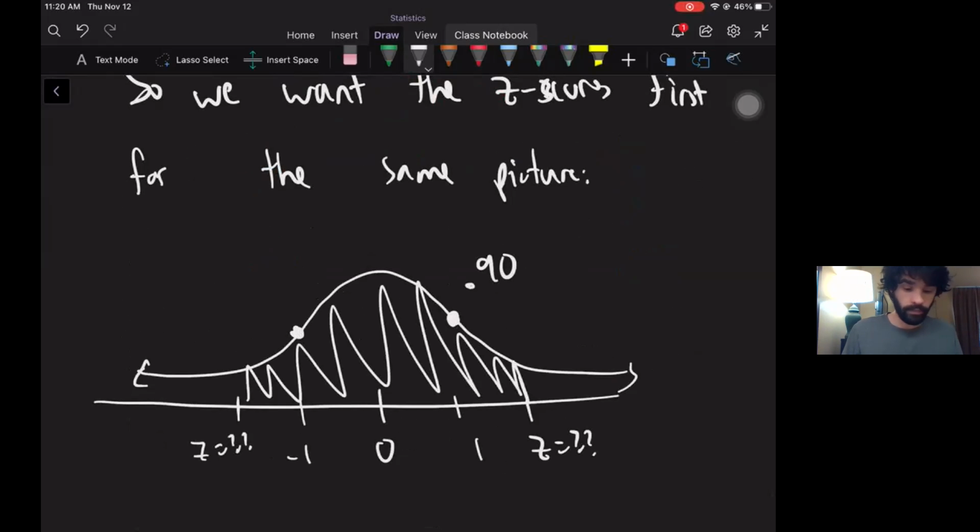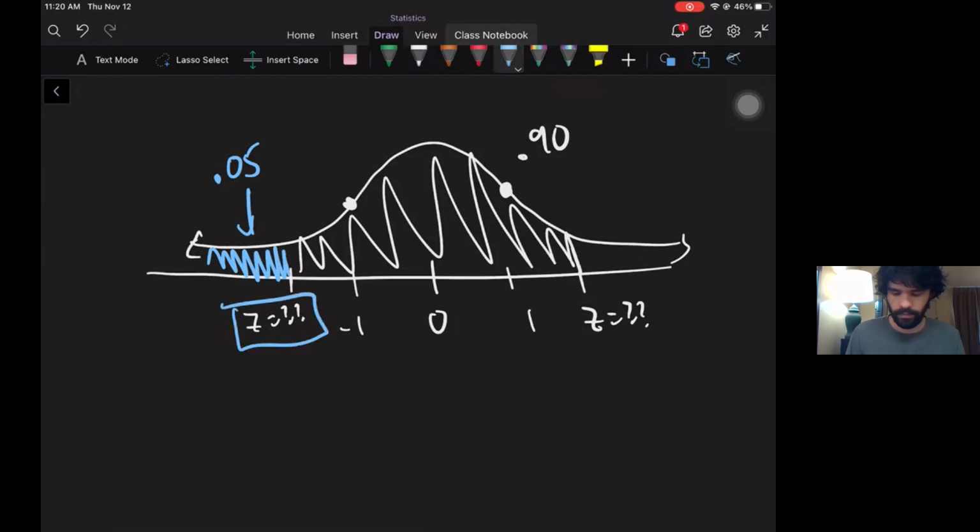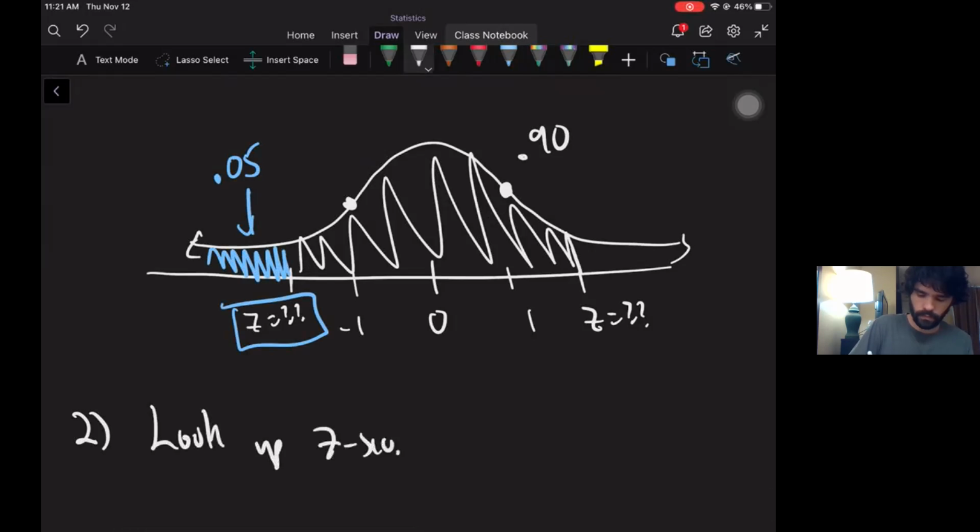Okay, so what I can do using that online calculator is I can know that this is 0.05 area, 0.05 probability, to the left of this z-score. So if I use that online calculator, I can look up the z-score for probability of 0.05.